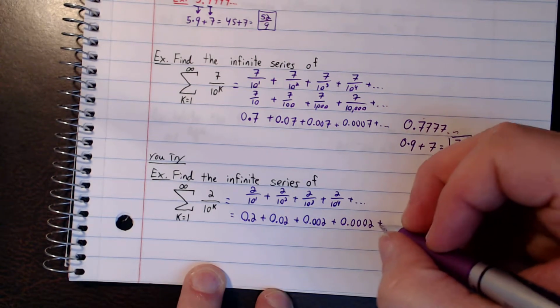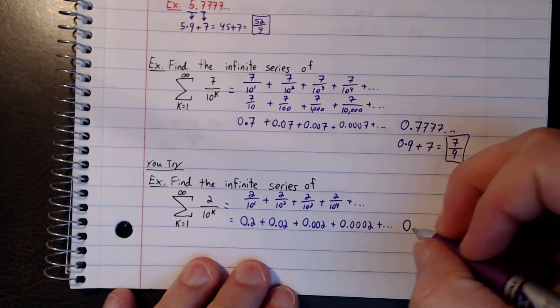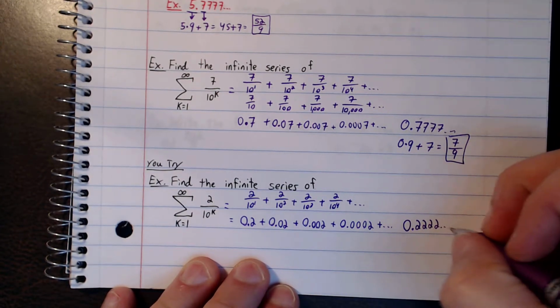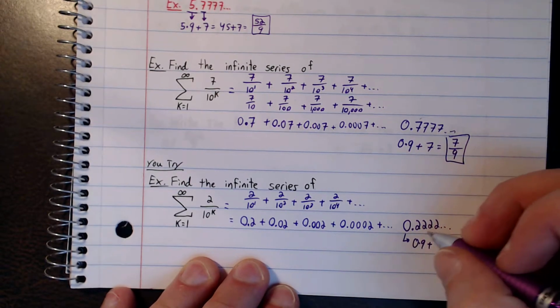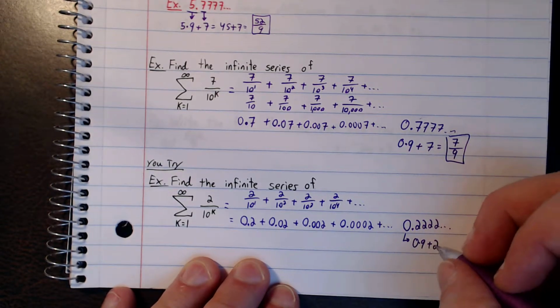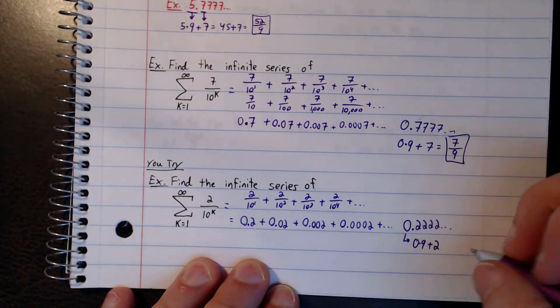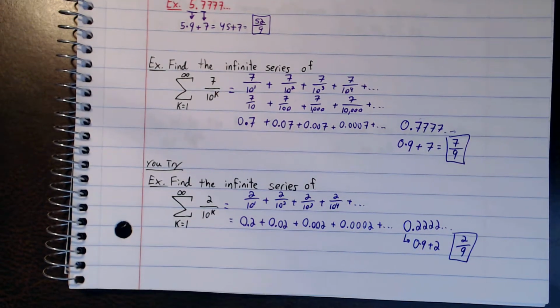And we do this forever and ever, but what we're basically getting is this repeating decimal of 2's forever and ever. So if I was to do 0 times 9 plus whatever this is that's repeating, that's going to give me 0 plus 2 would be 2 over 9. That's your solution.